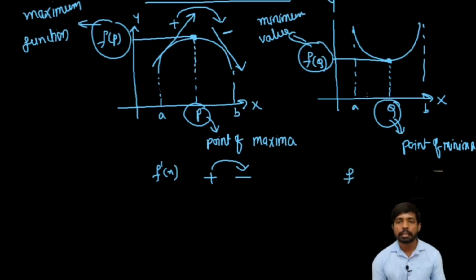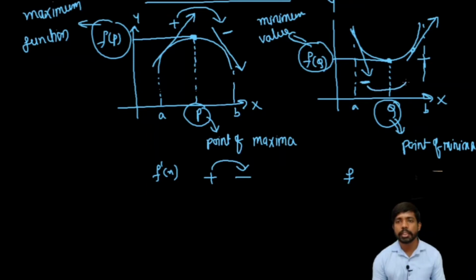Let us consider drawing a tangent here also. Here the slope f dash of x is negative, a declination slope, and here it is an inclination line, so a positive slope.